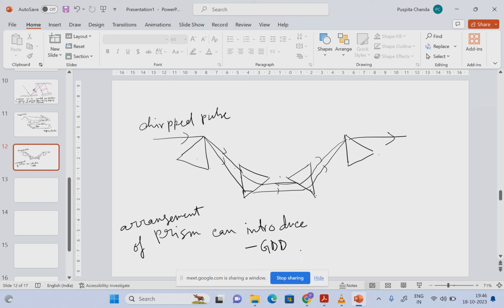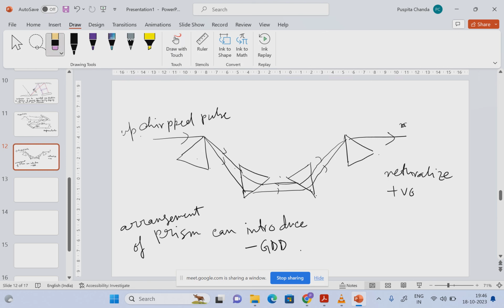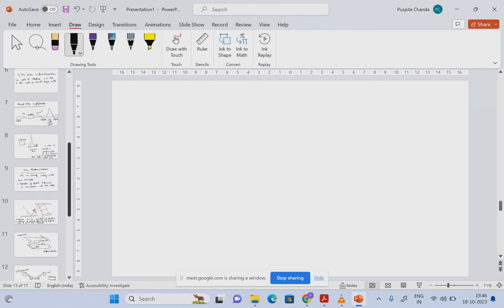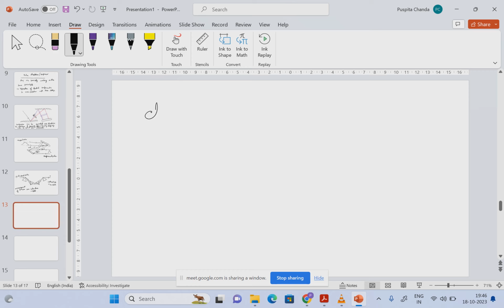Here, if it is an upchirped pulse, then it can neutralize that. This arrangement can neutralize positive GDD. Okay, then how to make the chopped pulse?